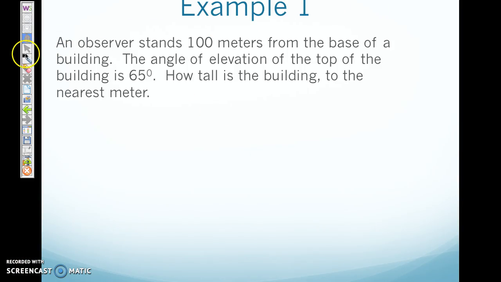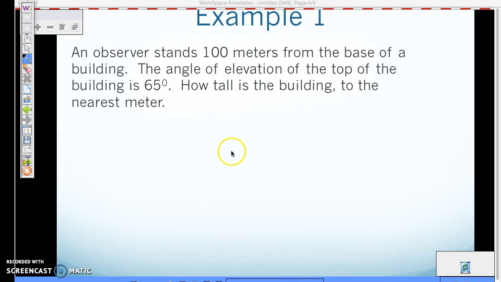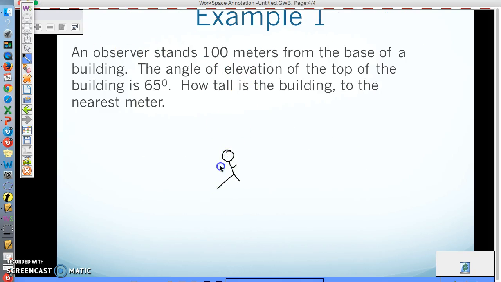So the first question we're going to look at today. An observer stands 100 meters from the base of the building. The angle of elevation to the top is 65. How tall is the building? And we'll just pretend his height is, maybe he's 5 feet, so we could add on 5, but we'll just pretend that he's looking right on the ground.